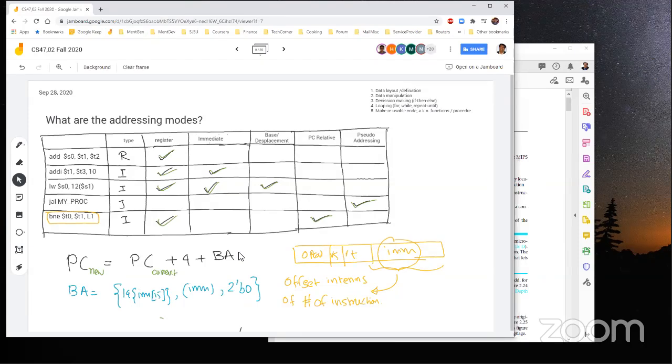It means if this immediate value is -5 here, it really means go back 5 instructions. Okay, go back 5 instructions. Let me think if that makes sense.